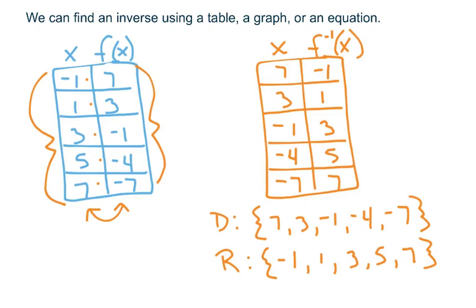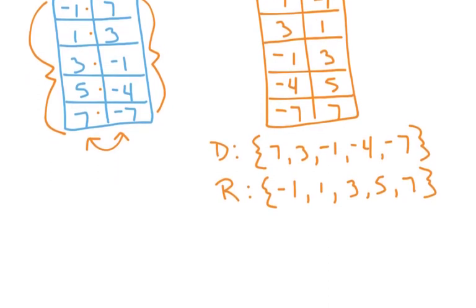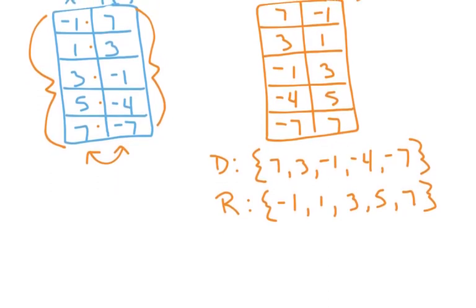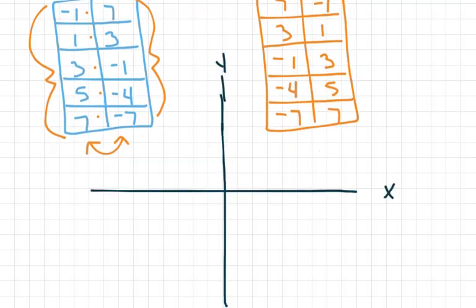So let's look at this. I want to graph both the original and the inverse on the same graph. I'm going to erase my domain and range and put a grid here so that we can graph it. I may end up plotting points on some of my table. Let's first plot f of x.